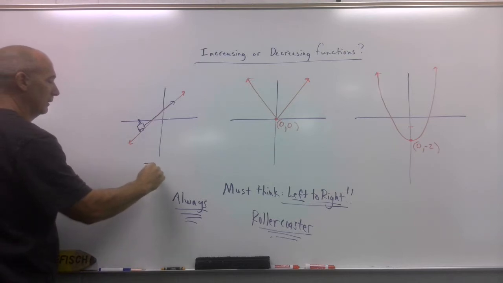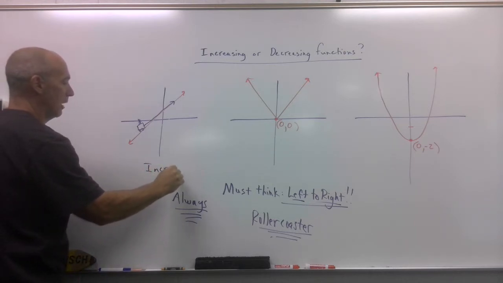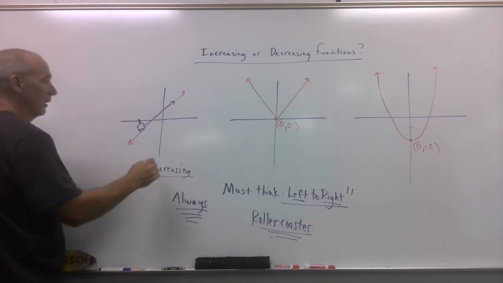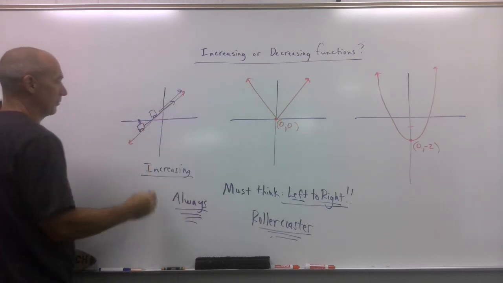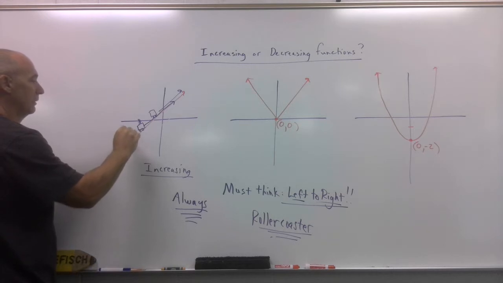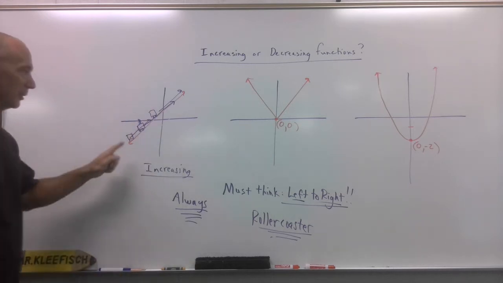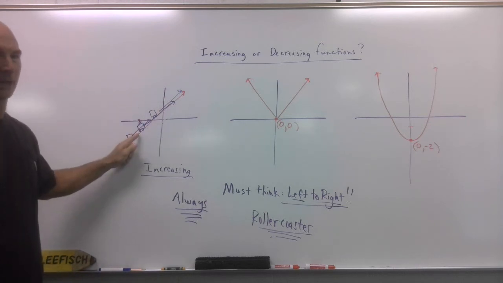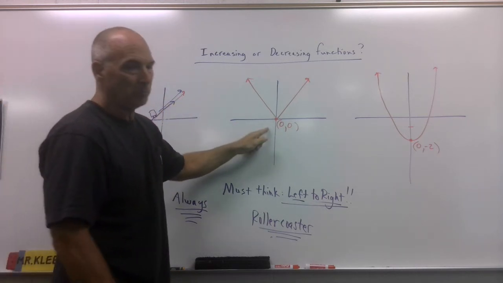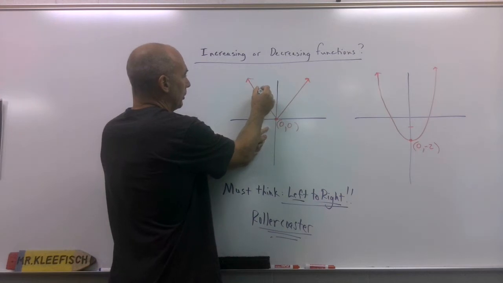So this would be increasing. Now, that wouldn't change regardless of where I put my little cart. I'd still be going up, moving left to right. If I put my cart back here, I'd still be going up. So it doesn't matter where you start because this is consistent regardless of where you put the little roller coaster guy. This is a little different because if I put my roller coaster guy right here, it's going to be going down.